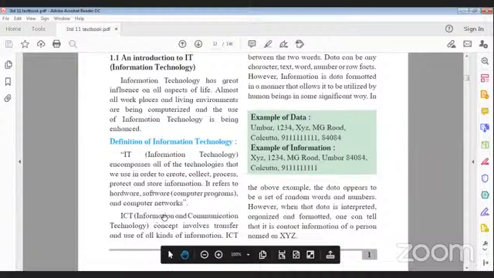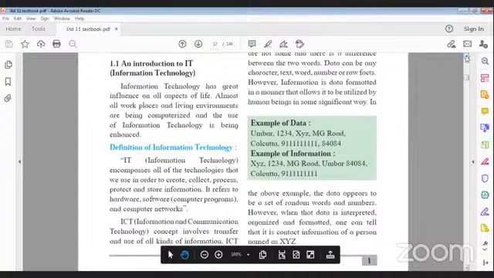So this is just transferring or using any kind of information or data for that matter. Again, students, this particular definition won't come for the exam. This is just for your information purpose.